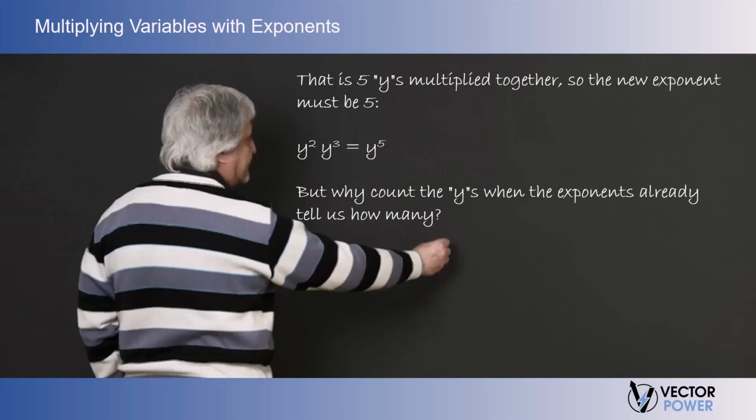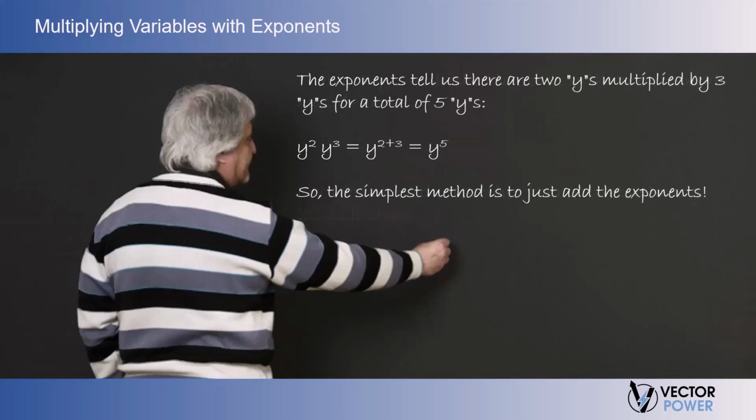But why count the y's when the exponent already tells us how many times? The exponent tells us there are 2 y's multiplied by 3 y's for a total of 5 y's.